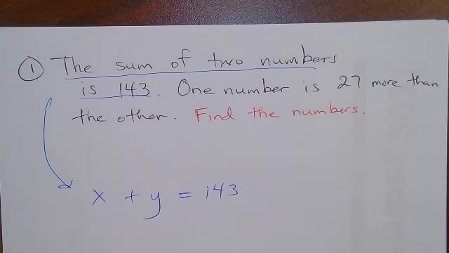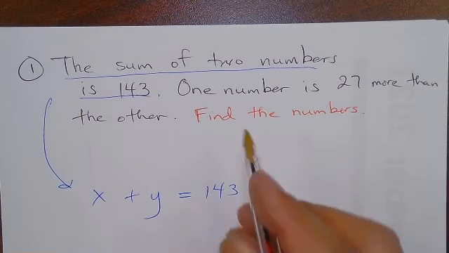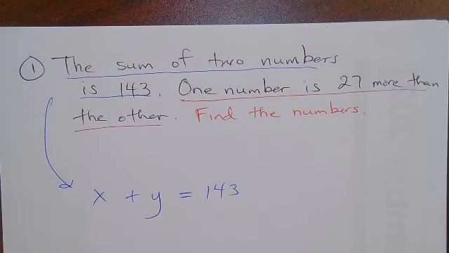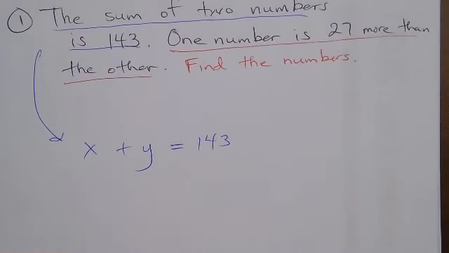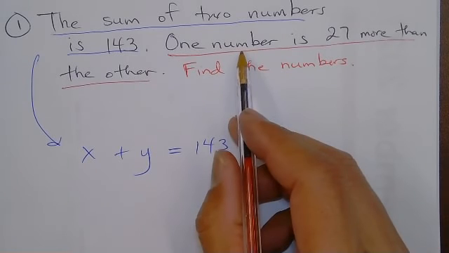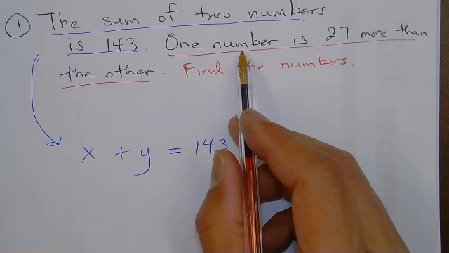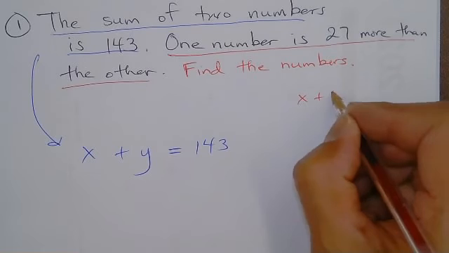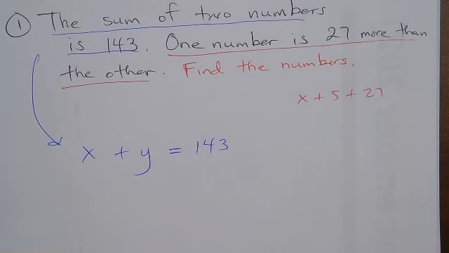How about this second equation here that says what? One of the numbers is 27 more than the other. Yeah, go ahead, Dean. I put x plus 5 plus 27 equals.